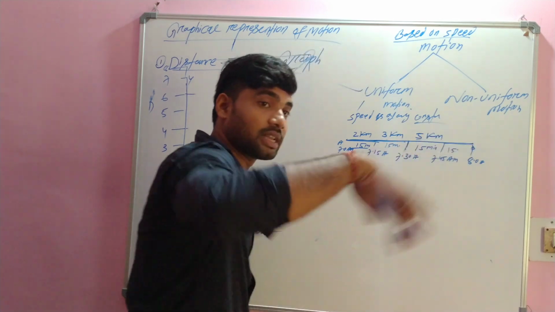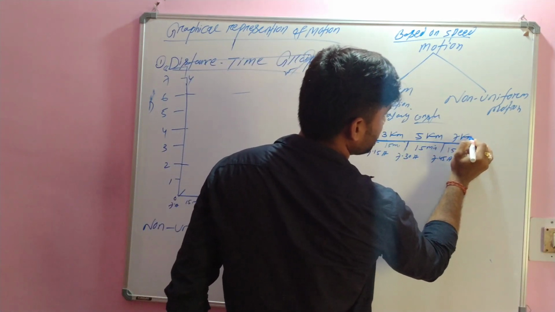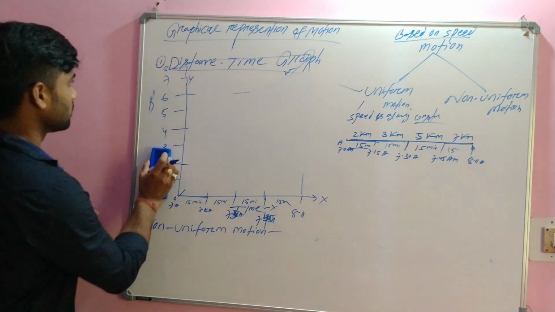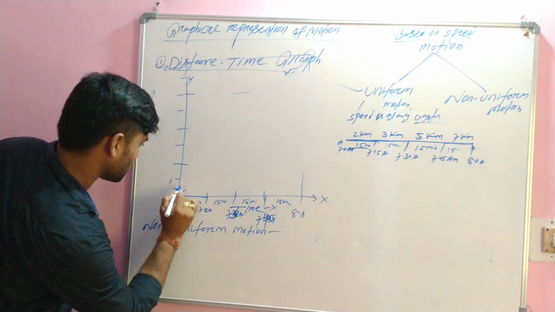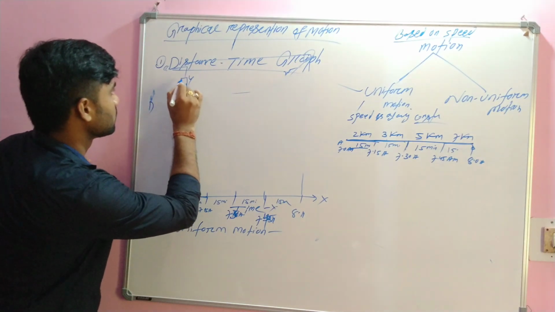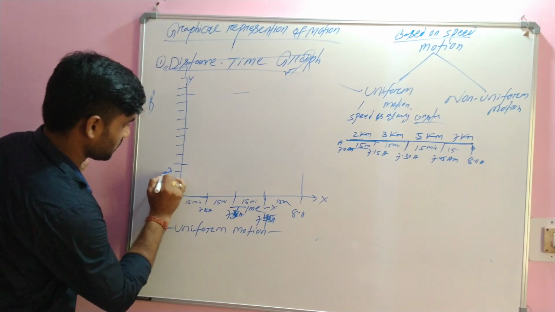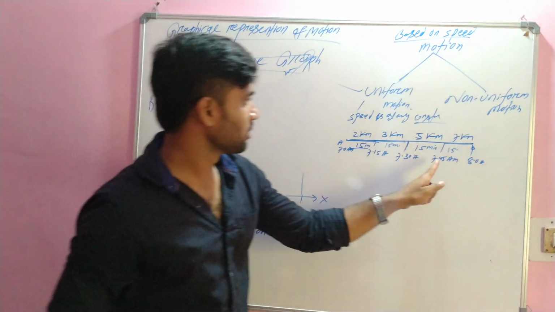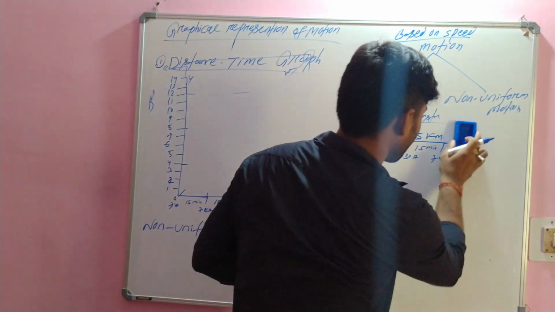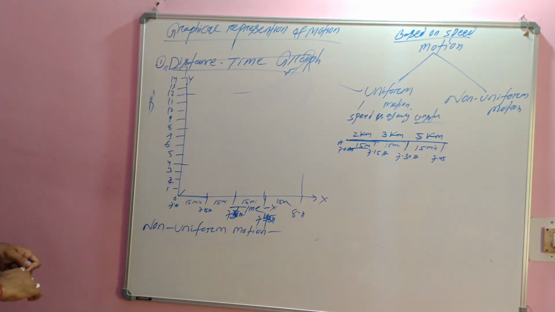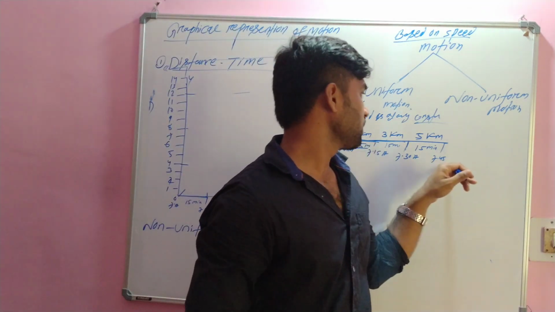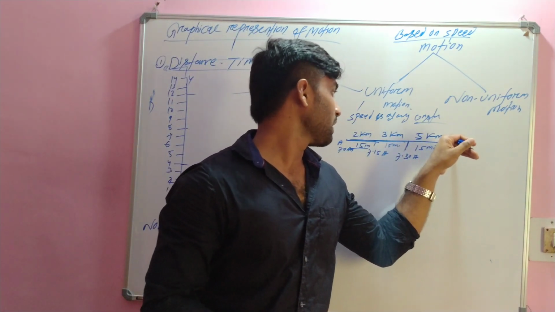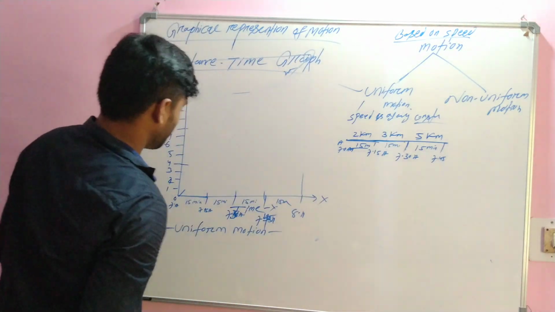That means at 7:45, from 7 a.m. to 7:45 a.m., in 45 minutes the object covers only 10 kilometers.